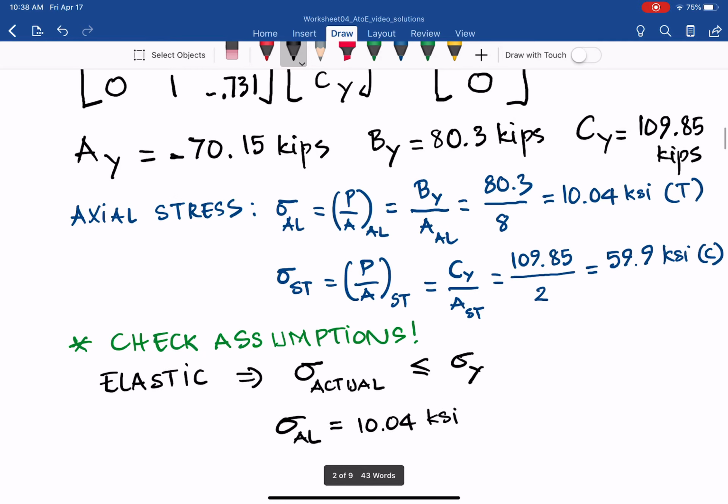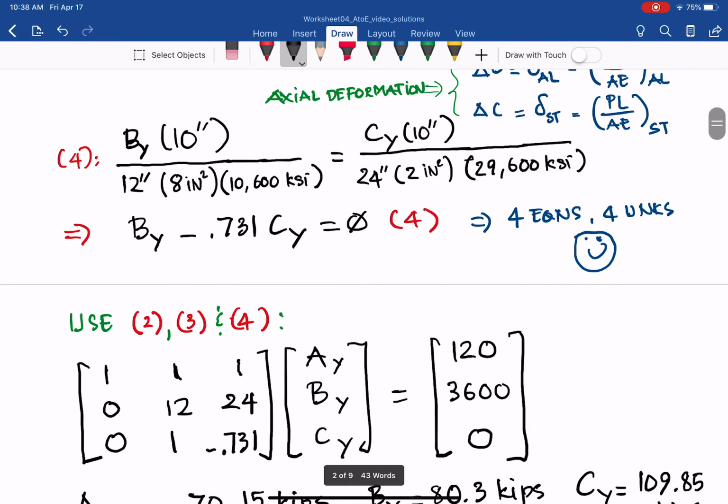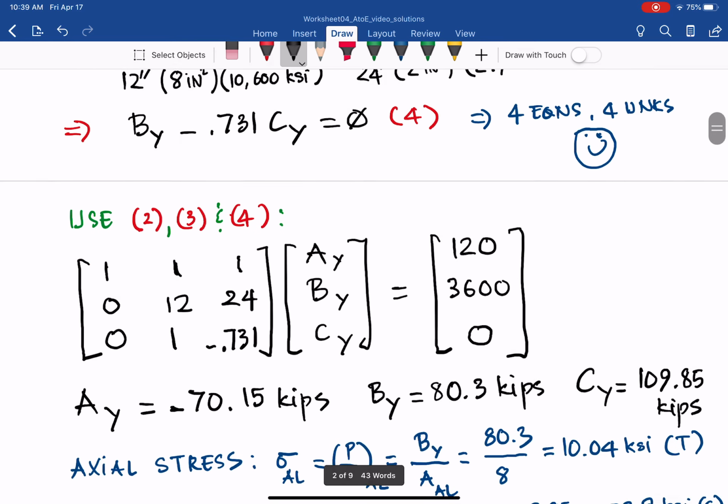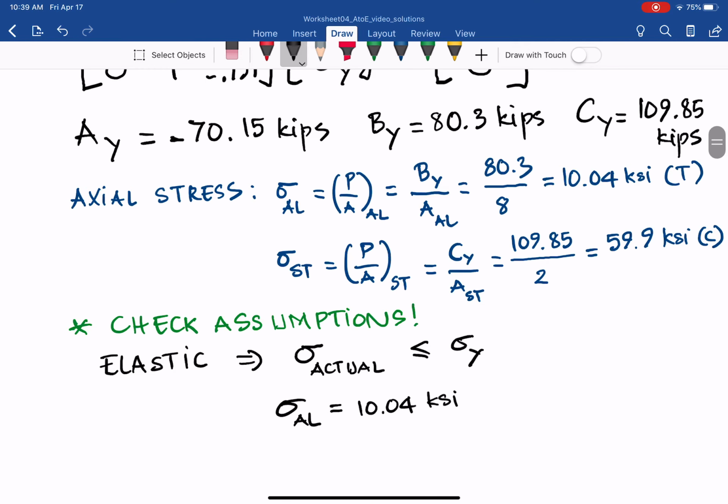What is the yielding stress for aluminum? 41 KSI, and for steel 36 KSI. So it has to be compared to sigma yielding for aluminum, which is 41 KSI, and it is actually less than, so it's okay. So our elastic assumption is good.